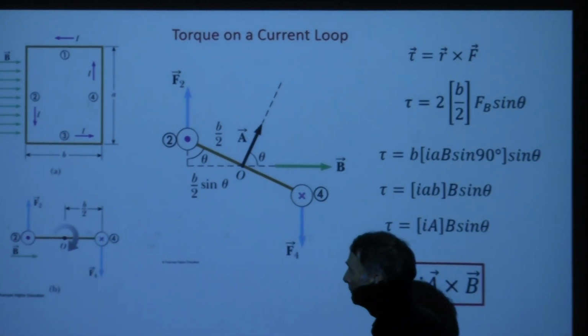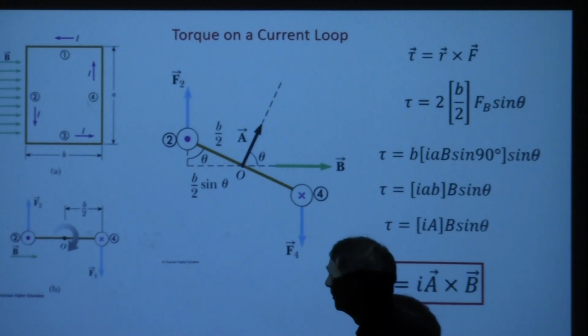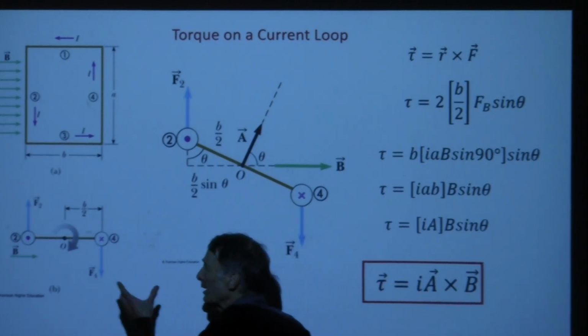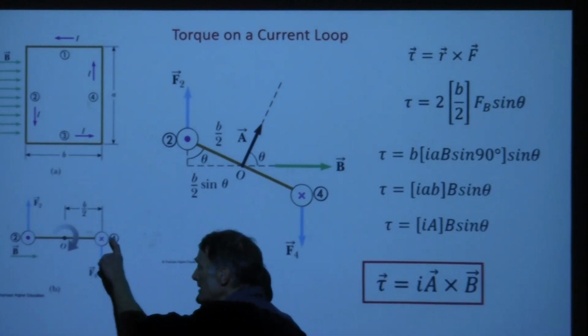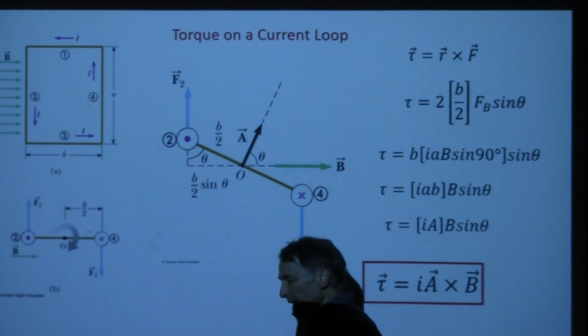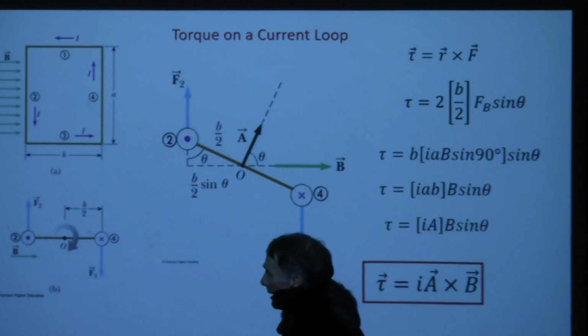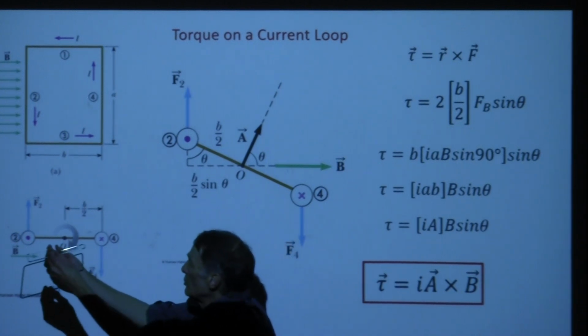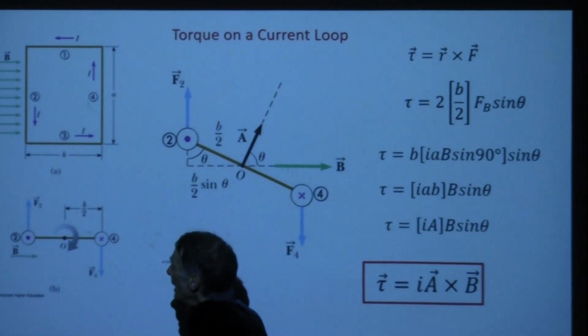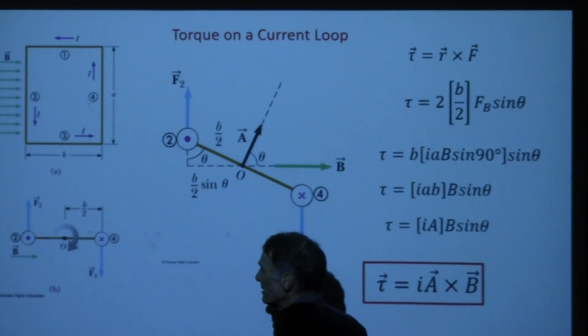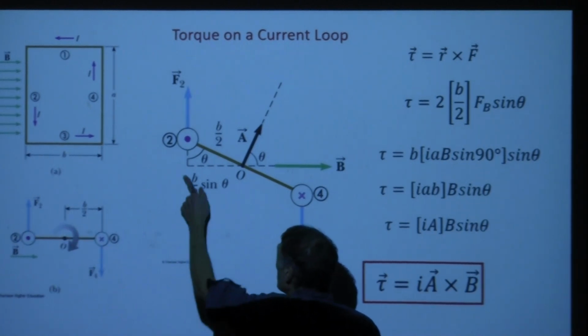It definitely takes some getting used to. Now this is going to give us really a torque on this thing. Notice the net force is 0. So this loop isn't going to just start to move around or translate, but it is going to start to rotate.